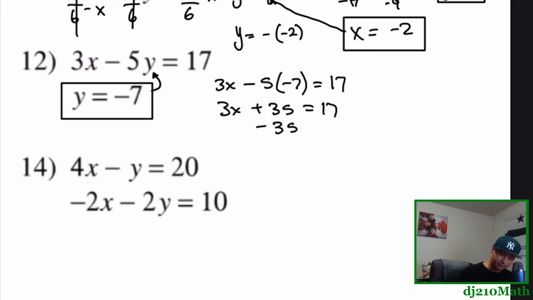Minus 35, minus 35. So negative 18. So 3x is equal to negative 18. Divide both sides by 3. x is equal to negative 6.